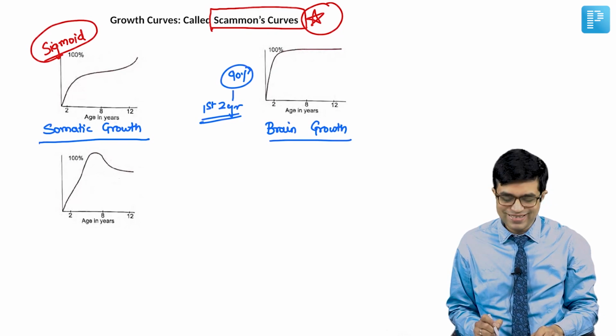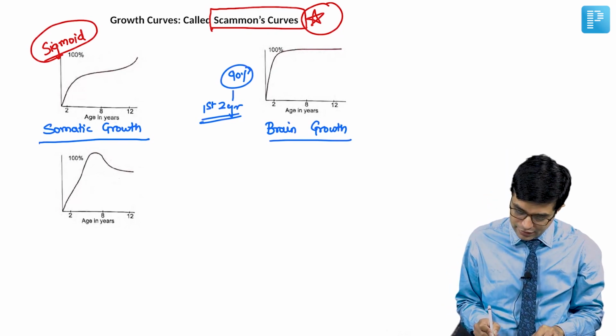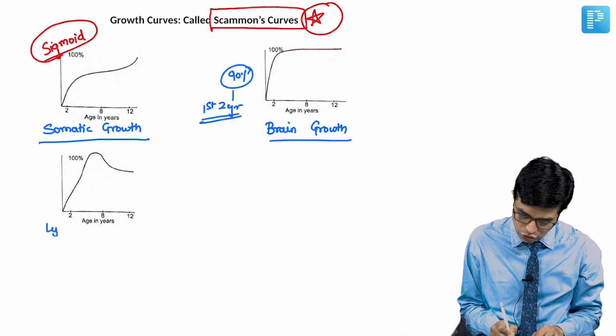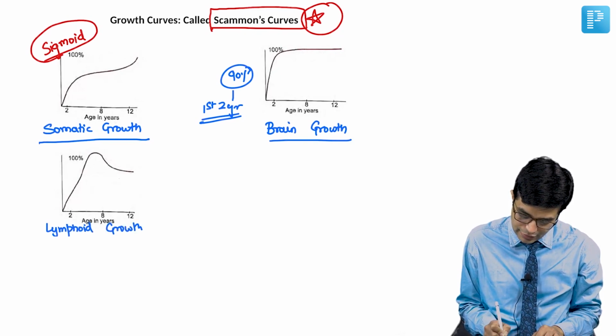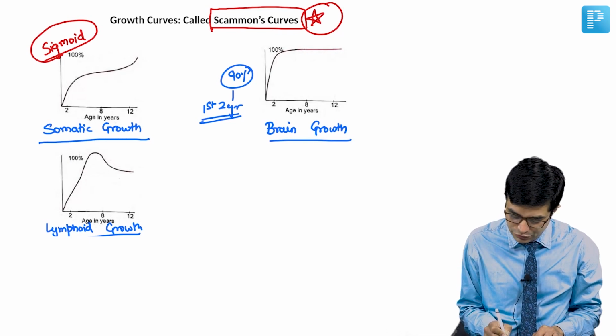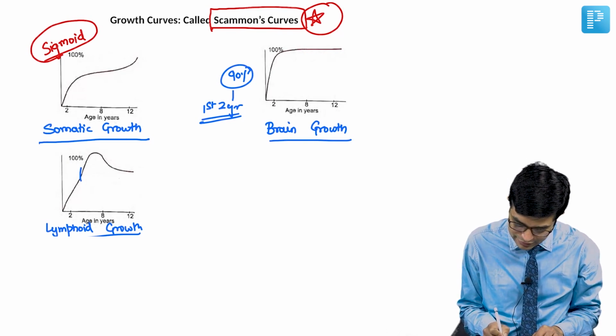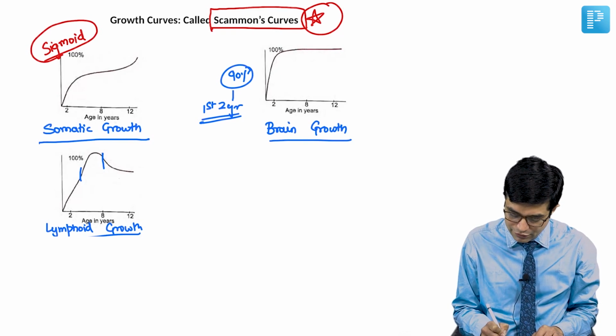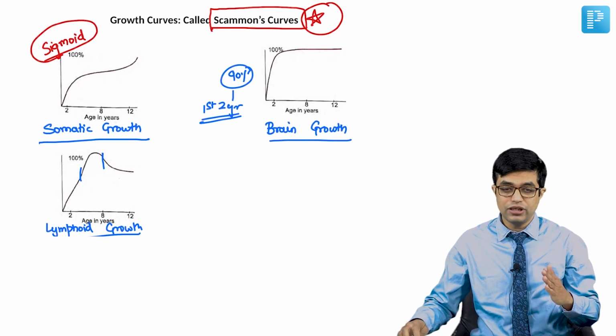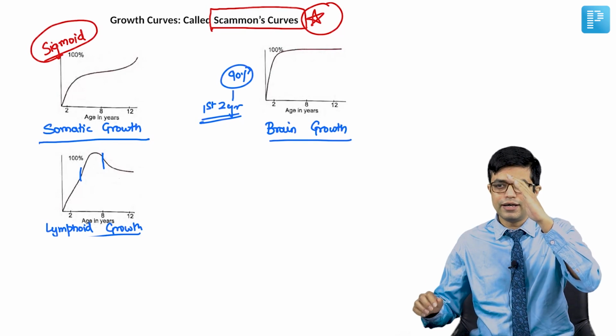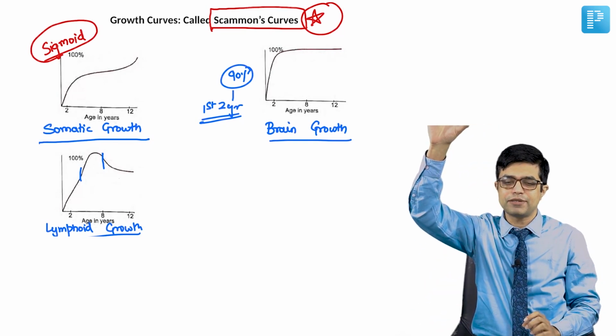The third pattern is something like this. This is a pattern which indicates the growth of lymphoid tissue. Lymphoid growth is maximum, if you see here, in the period from 4 to 8 years. Initially lymphoid tissue starts increasing, then undergoes a rapid expansion.